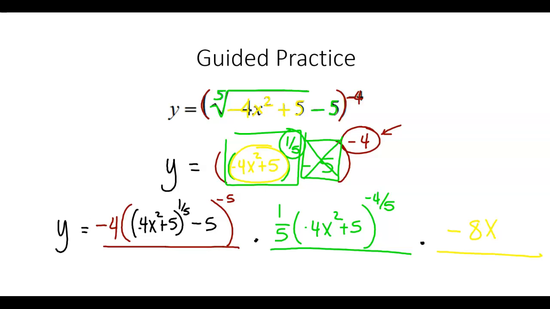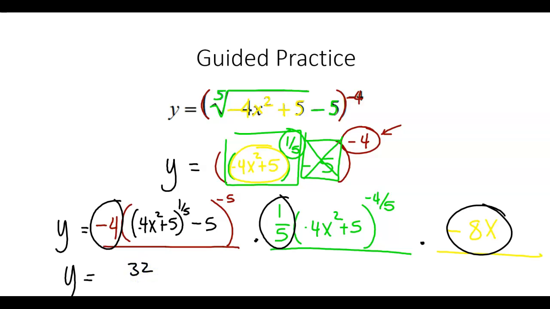Once again, we can go ahead and simplify this a little bit by putting all the monomials together. Like I could do 4 times a fifth times negative 8x. So if you multiply all those together, you're going to end up getting positive 32 over 5x. And then everything else is just going to stay the same. We have this part from our shell derivative.